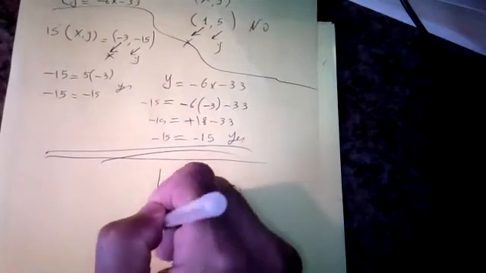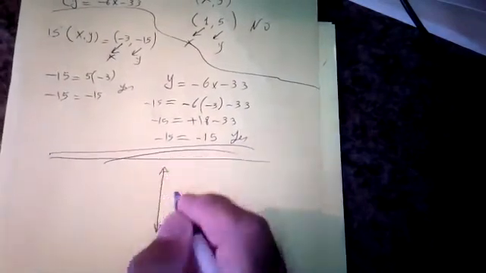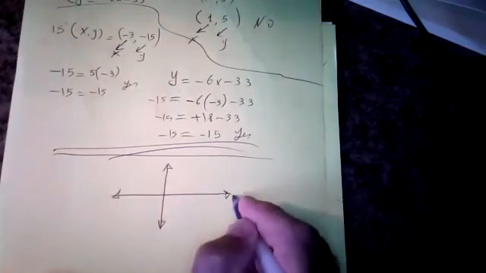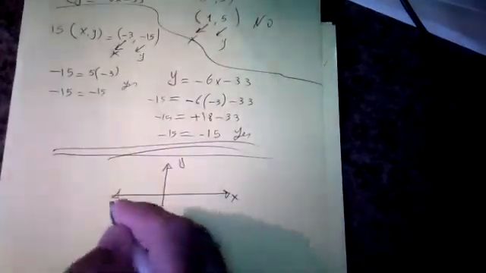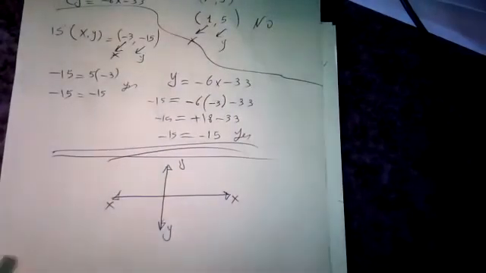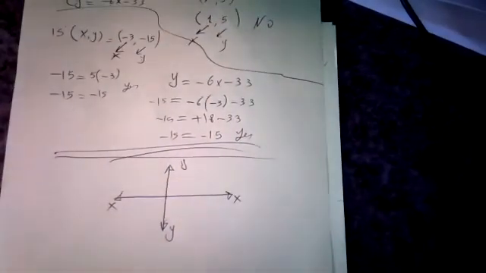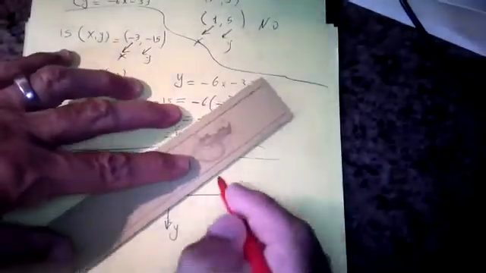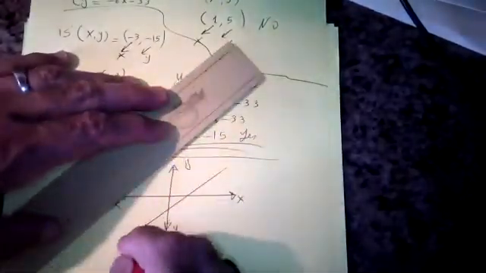Now, when you graph two lines and use the X and Y axis, let's say I have an equation and I graph one line like this, and I graph another line.